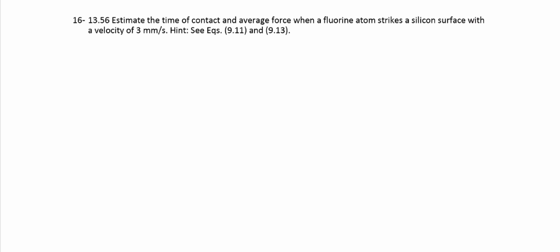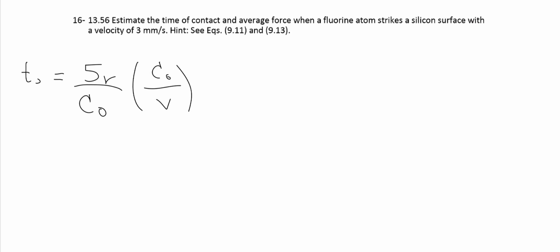First off, the first equation we have is the time of contact. T0 is equal to 5R over C0, multiplied by C0 over V, raised to the power of 1/5.